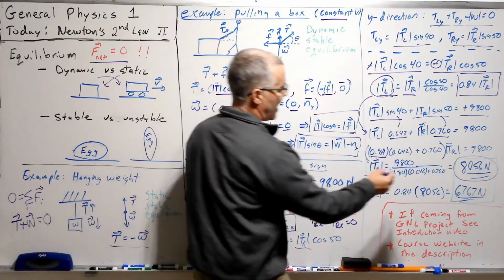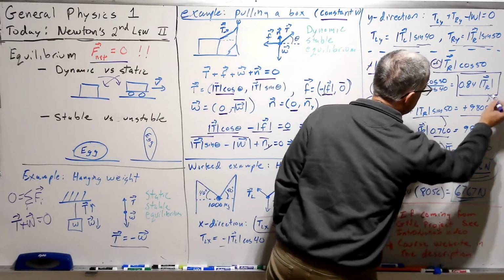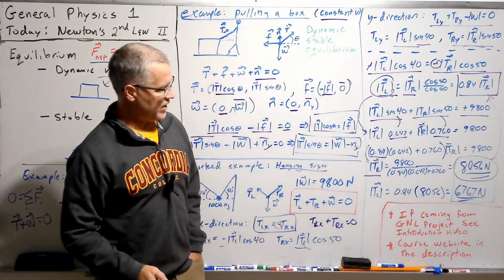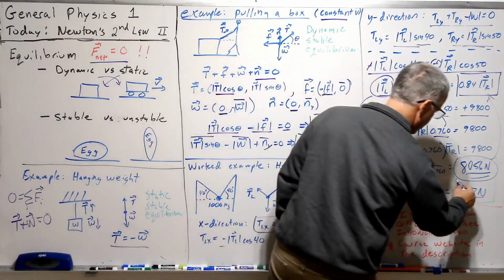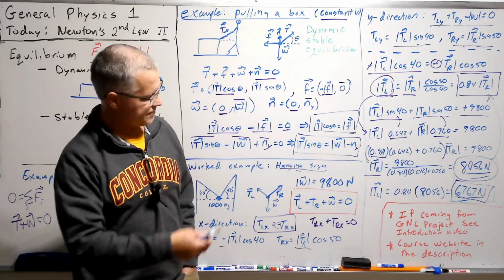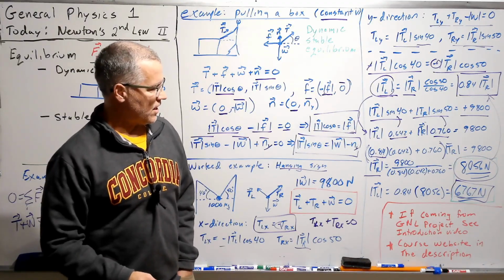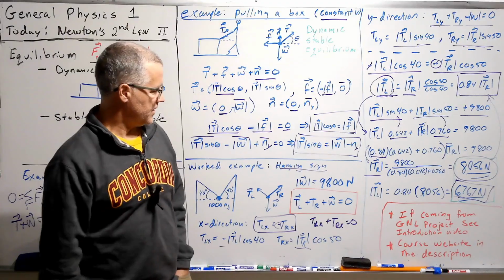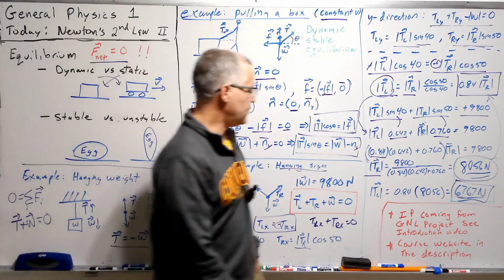Okay, then we plug that back into this equation. So we take it times 0.84 and we end up with 6,700 newtons here.